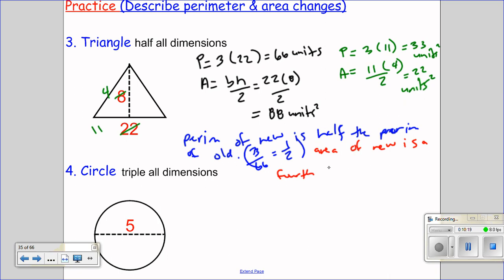It's a fourth the area of the old. And again, how do I know it's a fourth? To find the ratio, it's 22 over 88, and when you reduce that, it's 1 over 4.